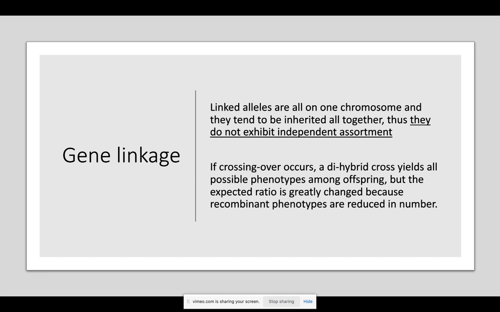If crossing over occurs, a dihybrid cross yields all possible phenotypes among offspring, but the expected ratio is greatly changed because the recombinant phenotypes are reduced in number. That just makes sense because we are not having independent assortment, which means the possible phenotypes that could be displayed are going to be greatly reduced because we have a linkage of these genes.